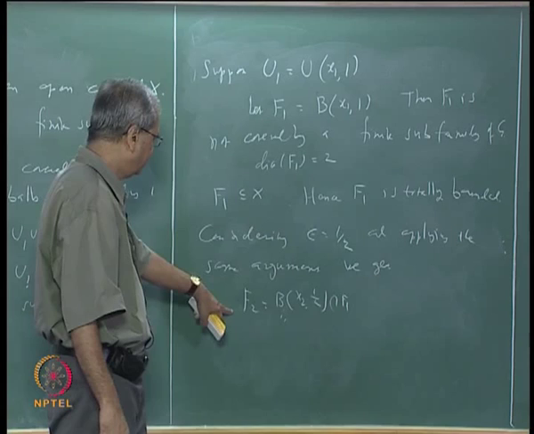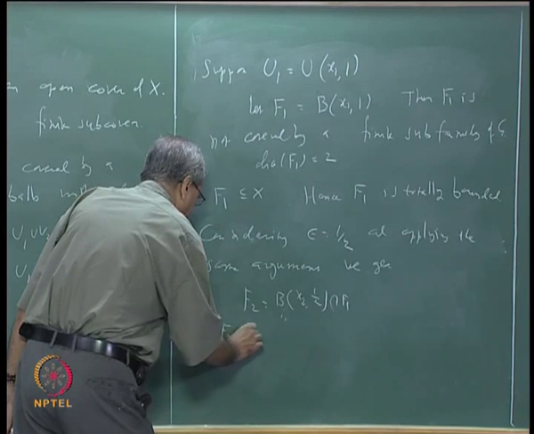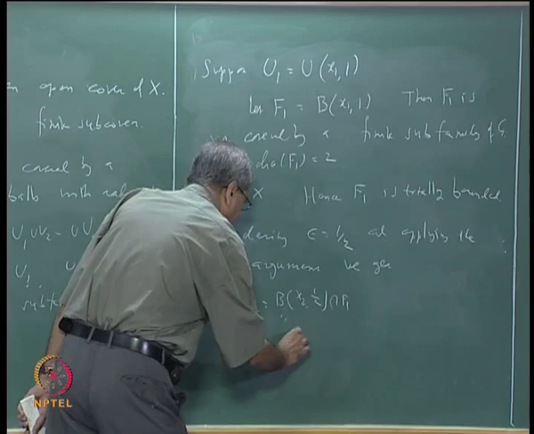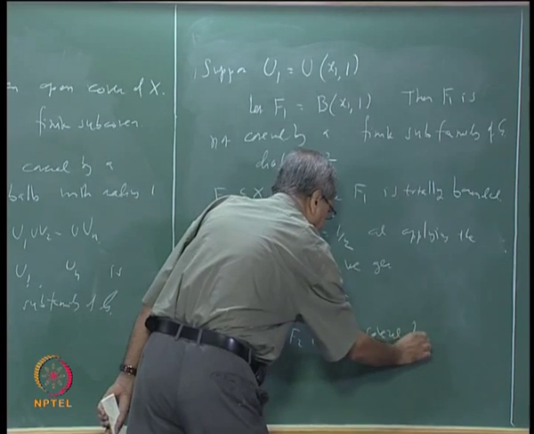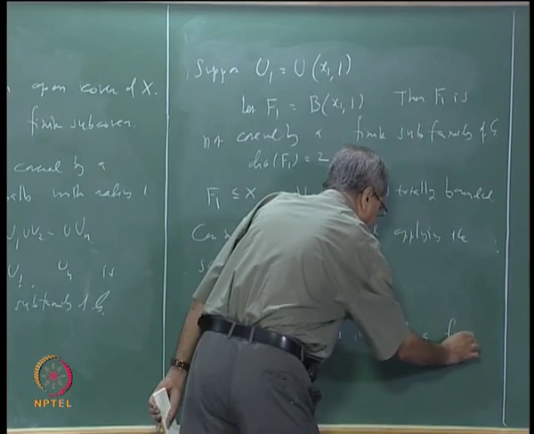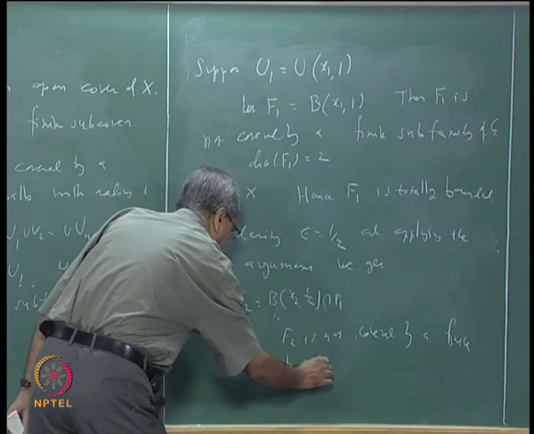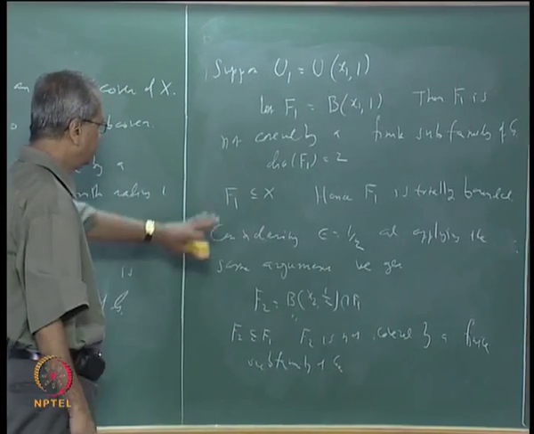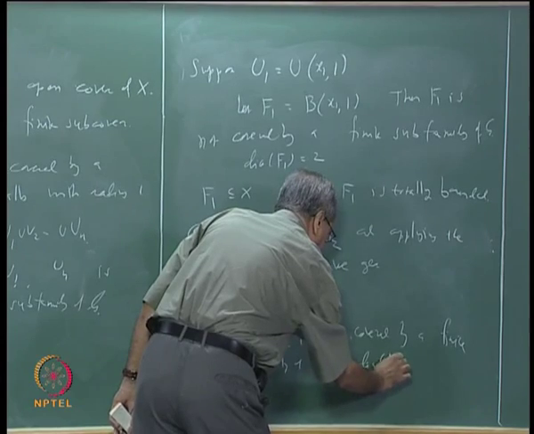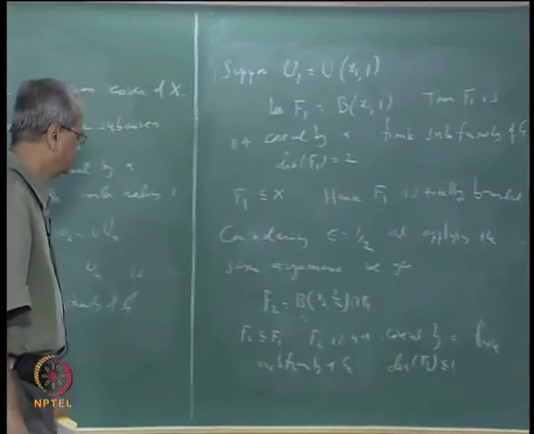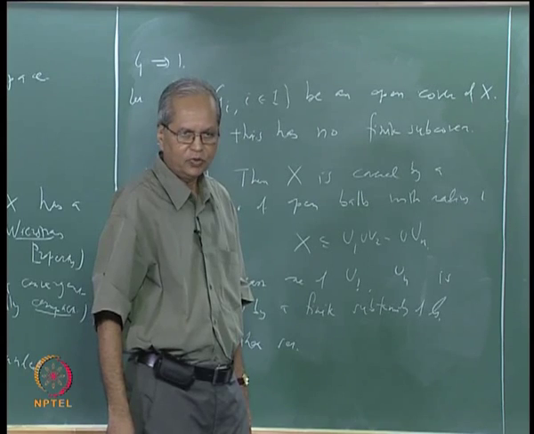The point is that this F2 has three properties: first, F2 is closed, F2 is contained in F1, and F2 is not covered by a finite subfamily of G. And the diameter of F2 is less than or equal to 1, and F2 is also totally bounded.